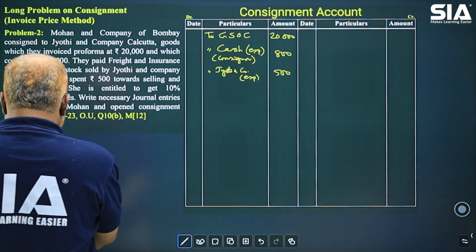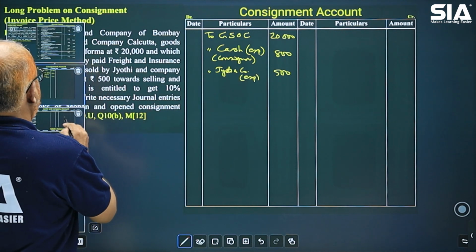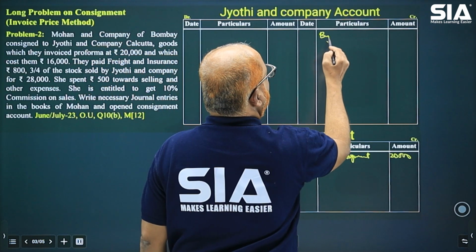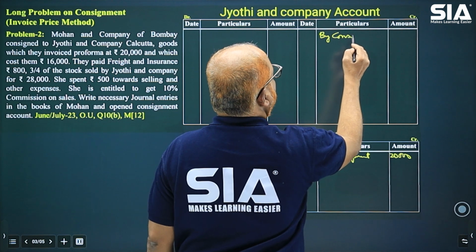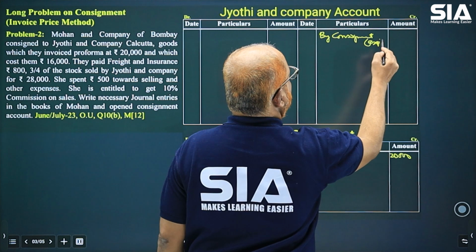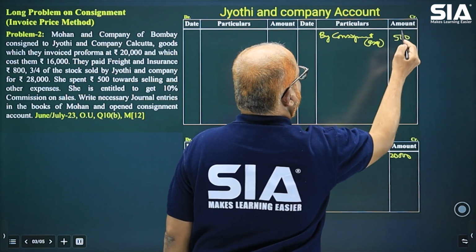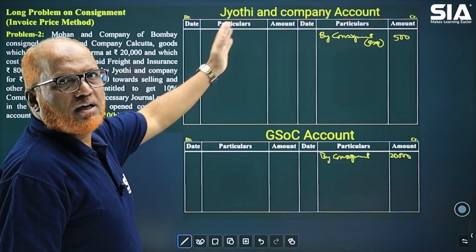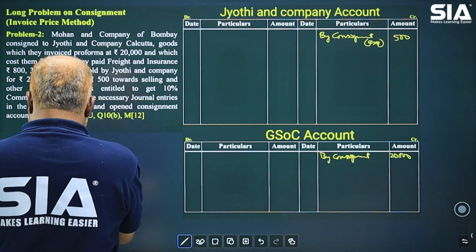Now I am coming to the Jyoti and Company account. On the credit side, by consignment, expenses 500. So the consignment account debit side and the Jyoti and Company account credit side.